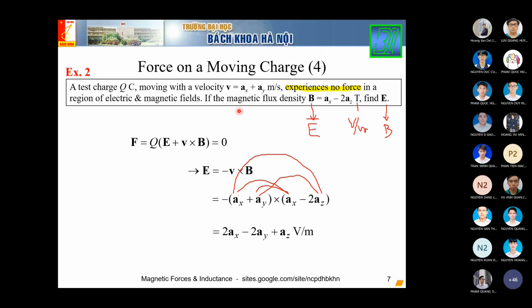Understand the question? In the original exercise here, we are given B, we have to find E. Now, if we do the reverse problem, you are given E, you have to find B. All right? Okay, go ahead. 9 minutes.